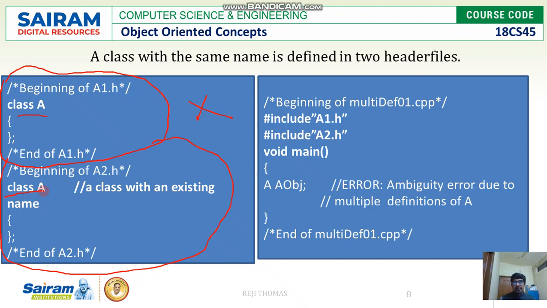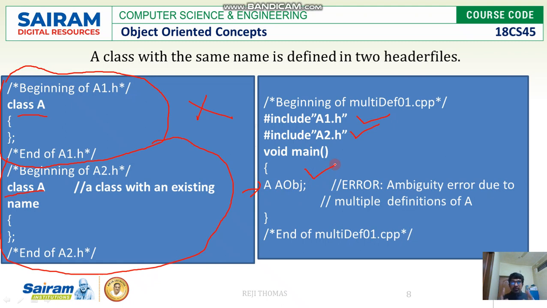Now come to the programmer's view. Here I am going to include both header files, a1.h and a2.h. Now I'll create an object of class A, using the statement A obj. Now this is going to be an ambiguity. Why?